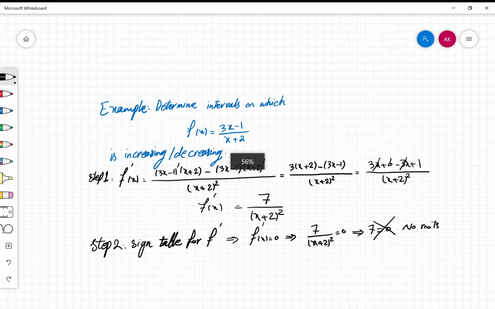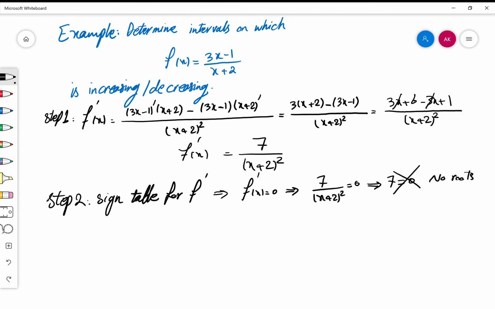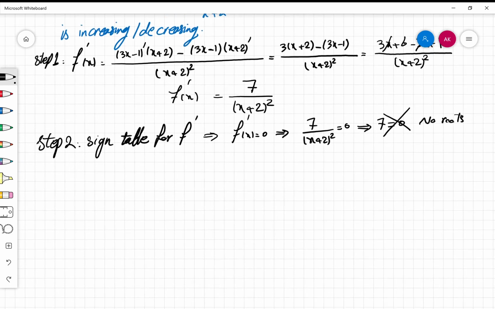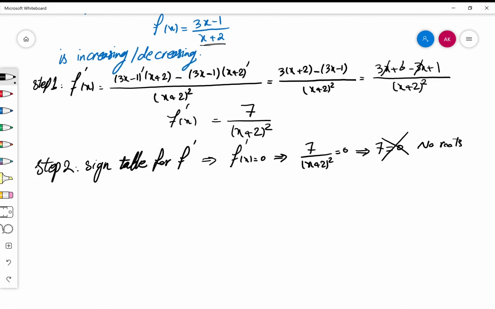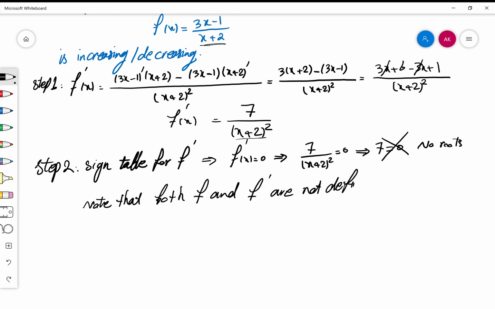But we have to be a little bit careful here: both f itself and f prime have something at which they're not defined. So note that both f and f prime are not defined at what?